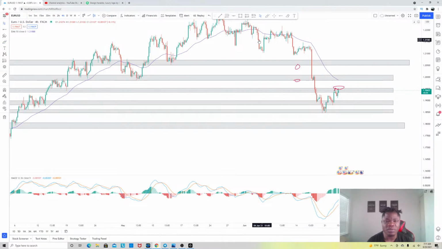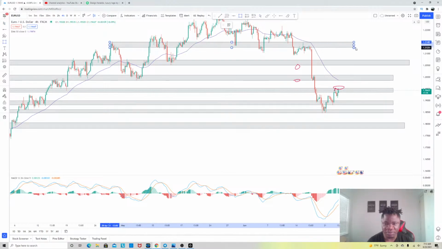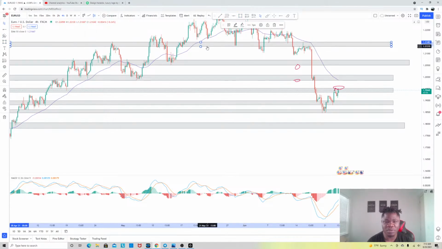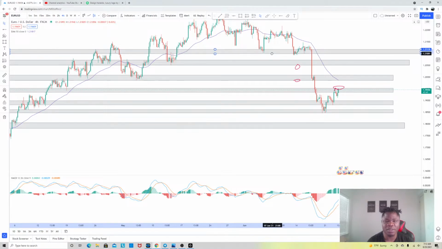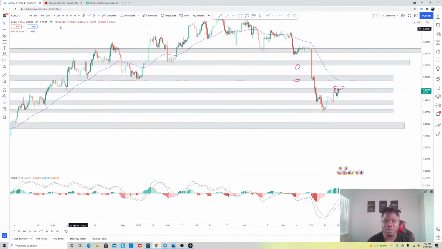And then we also have a zone right over here on the 4-hour time frame. So that's what we're looking at right here. We'll see how Euro USD plays out.